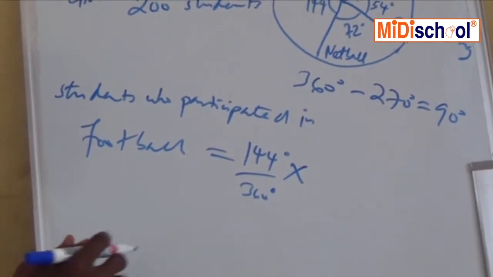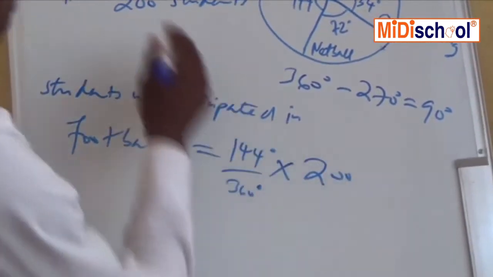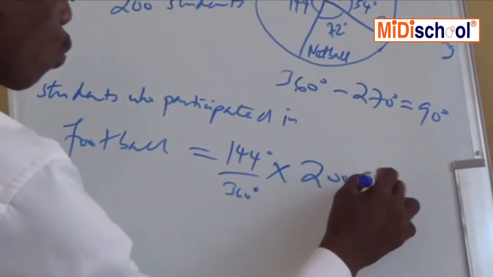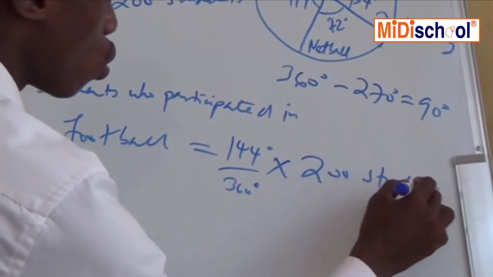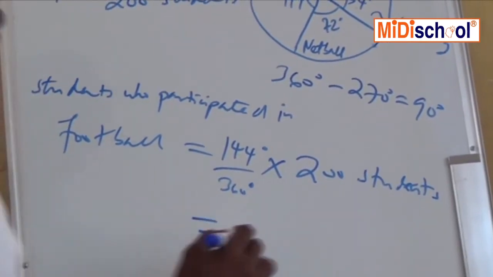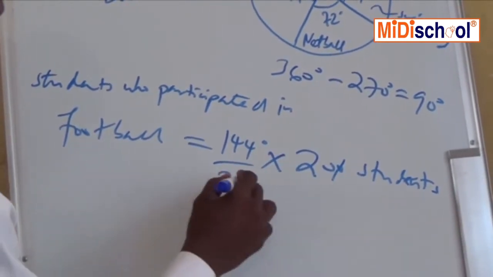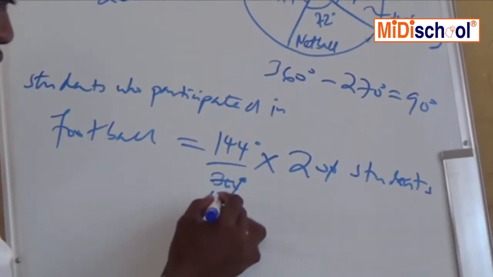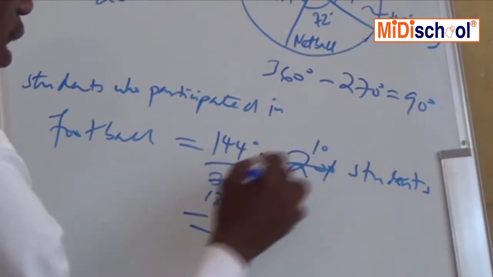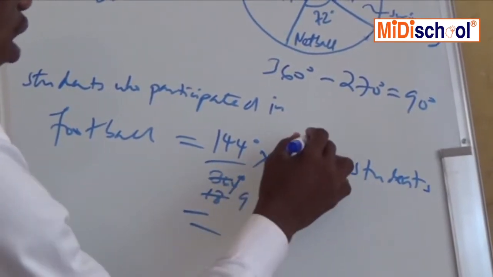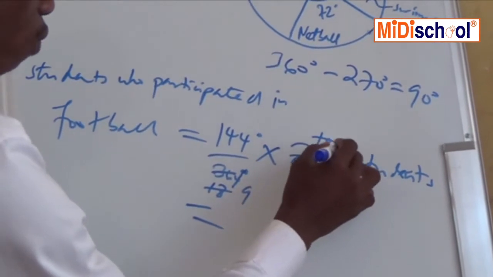Then multiply it by 200, which is the number of students. So the 0 and 0 cancel out. By 2 it is 18, and by 2 it is 10. By 2 it is 9, and here by 2 it is 5.